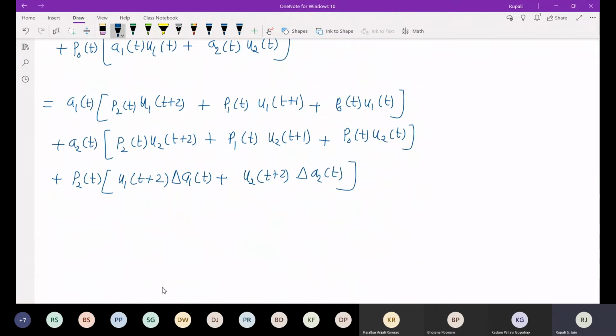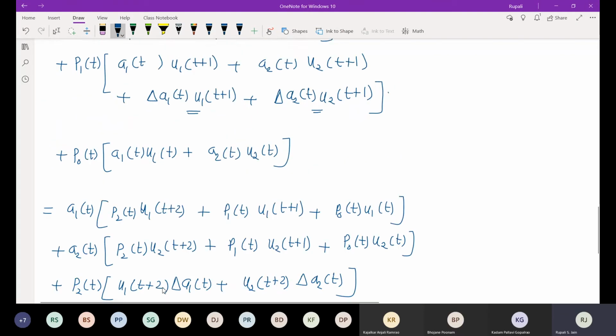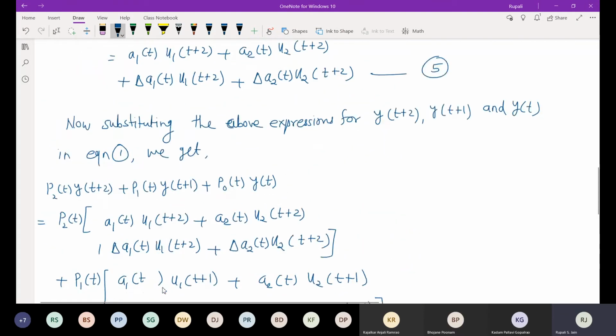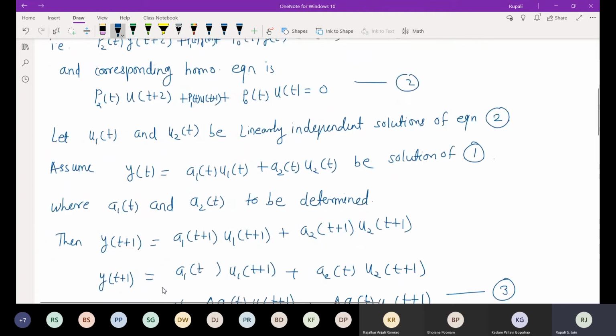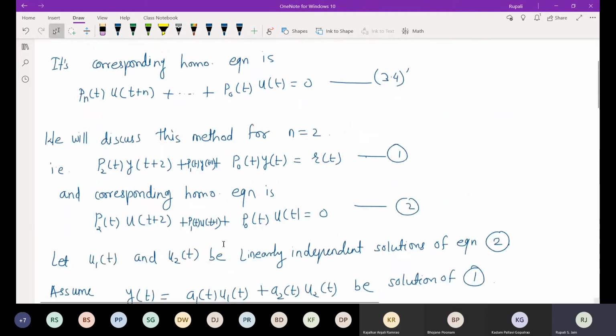Now u1 and u2 satisfy equation 2. u1 and u2 are linearly independent solutions of equation 2. Means p2t u1 t plus 2, p1t u1 t plus 1 and p0t u1 t is equal to 0. We will have that.